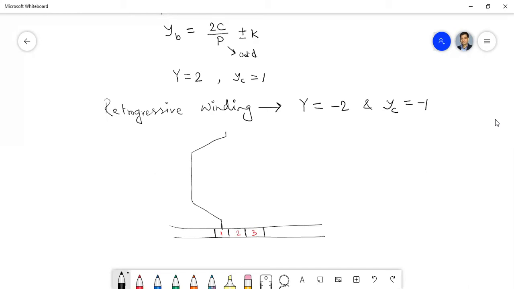So that is the front side, and let me draw the bottom coil sides with dotted ones.